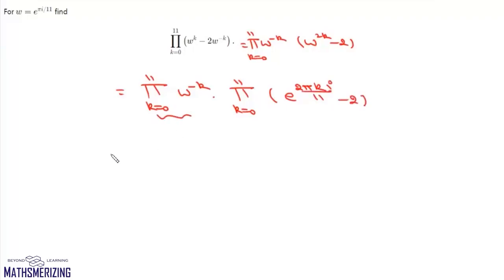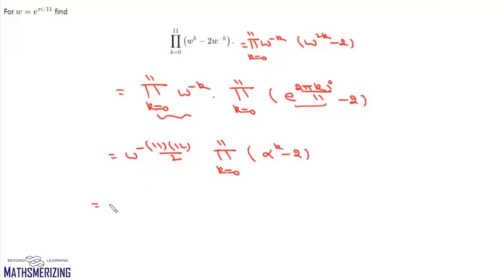Now this first one is nothing but omega to the power minus the sum of the first 11 natural numbers. So it will be 11 into 12 upon 2, and here k varies from 0 to 11, and this is the 11th root of unity. So it will be alpha to the power k minus 2.